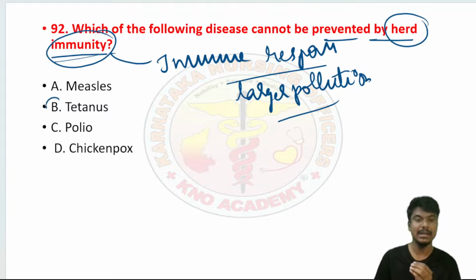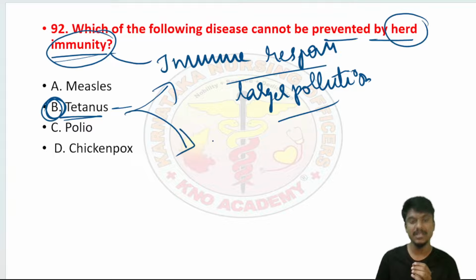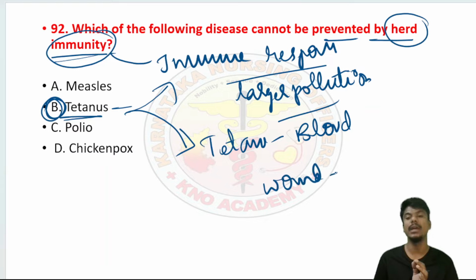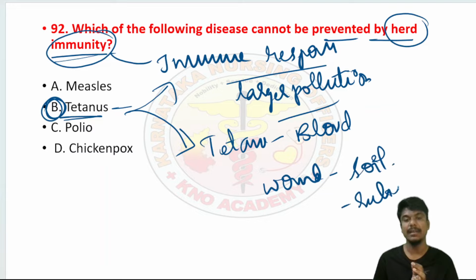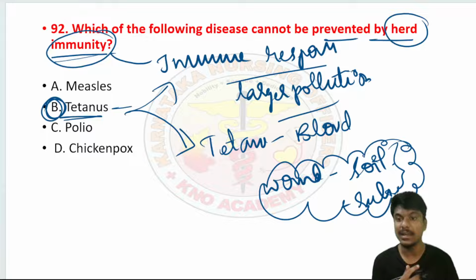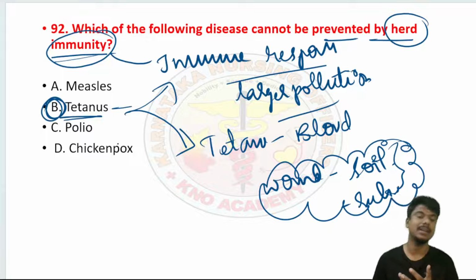Tetanus is the disease which cannot be prevented by herd immunity. Why? Because tetanus spreads mainly through the blood route. When you have an open wound contaminated with soil or rusted particles, you get tetanus, because Clostridium tetani spores are active in soil and rusted particles.